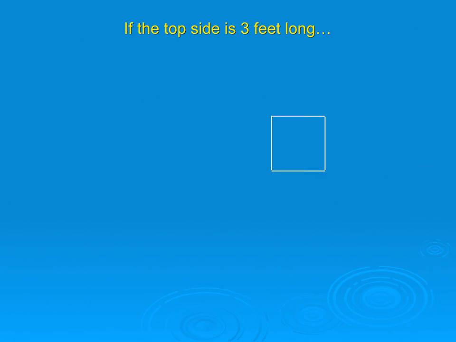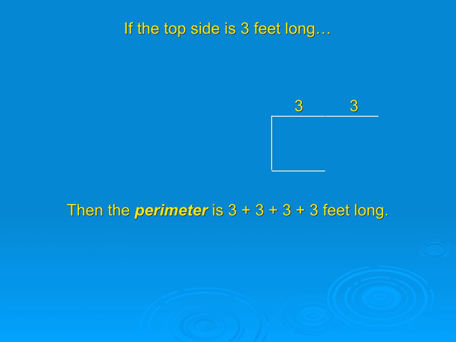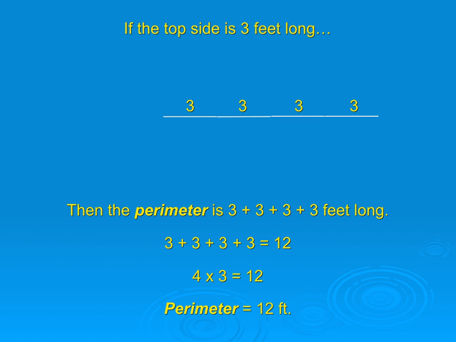If the top side is 3 feet long, then the perimeter is 3 plus 3 plus 3 plus 3, which is 12, or 4 times 3 is 12. A little faster to multiply than to add, but you get the same result. The perimeter of that square would be 12 feet.